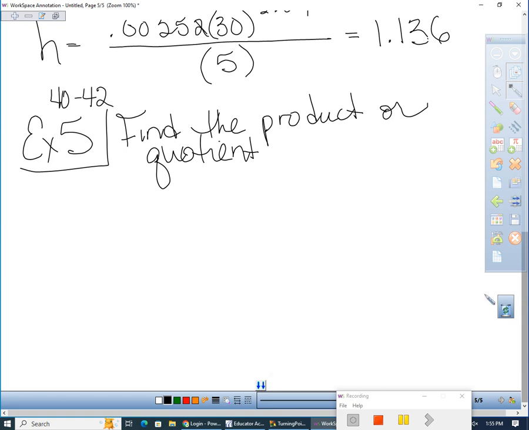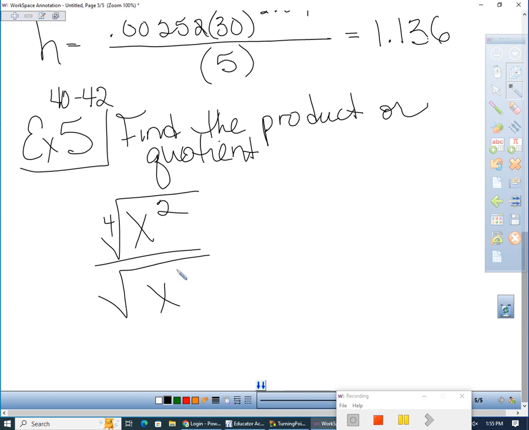All right, so let's say I have x to the second inside of fourth root divided by the square root of x to the fourth. I don't know, that sounds good.